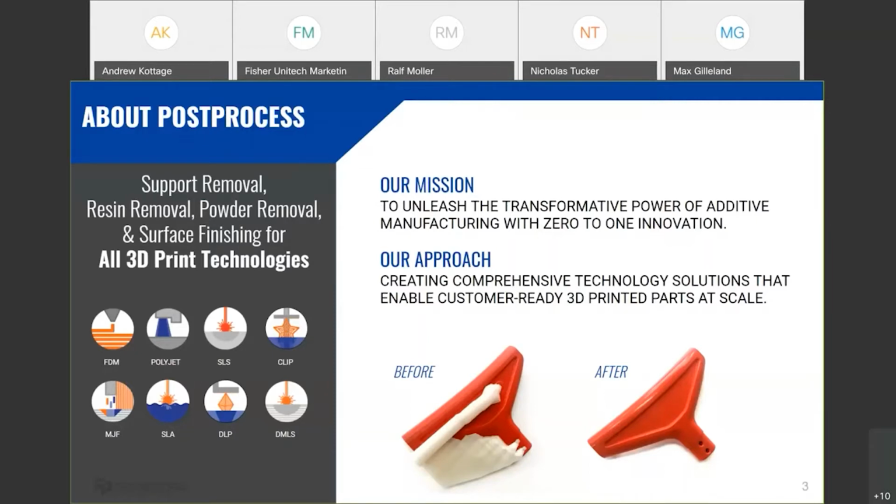And the solutions that we offer really allow users to scale additive manufacturing, to scale that print technology that they've invested in to a level that allows them to either reach production levels, minimize some of the challenges that we're going to dive into, and really just fully unleash the capability of additive manufacturing.